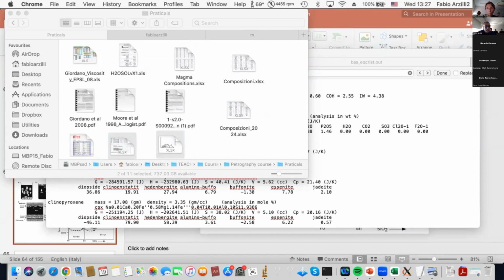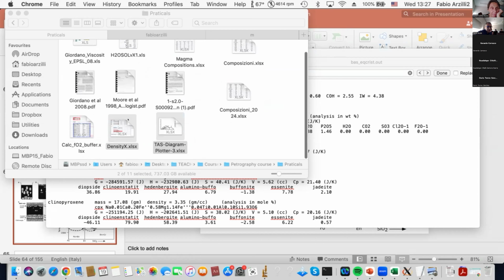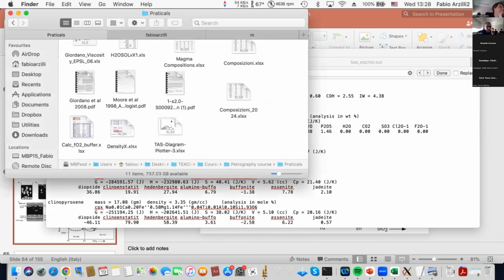One is for the solubility of water. Then the Giordano viscosity. Do you know the model for viscosity? This model is in Excel. You can calculate the viscosity of your liquid at different temperatures and water contents. Then a density calculation: you can calculate the density of your magma. And the last one is a TAS.